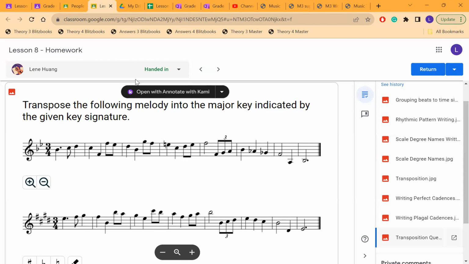I think with this one, you have to put the notes on yourself instead of adjusting. So you have to write that yourself. You have the beats already. They gave you dotted crotchet, quaver, crotchet, and then you just have to add pitch. Okay, yeah, that makes sense.